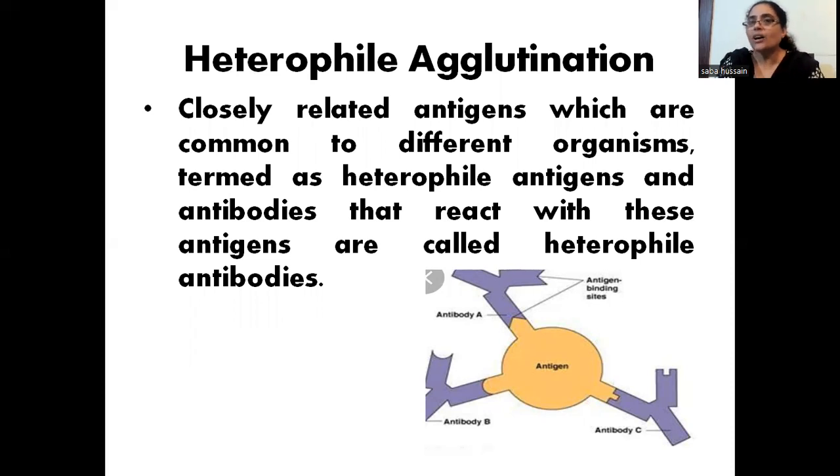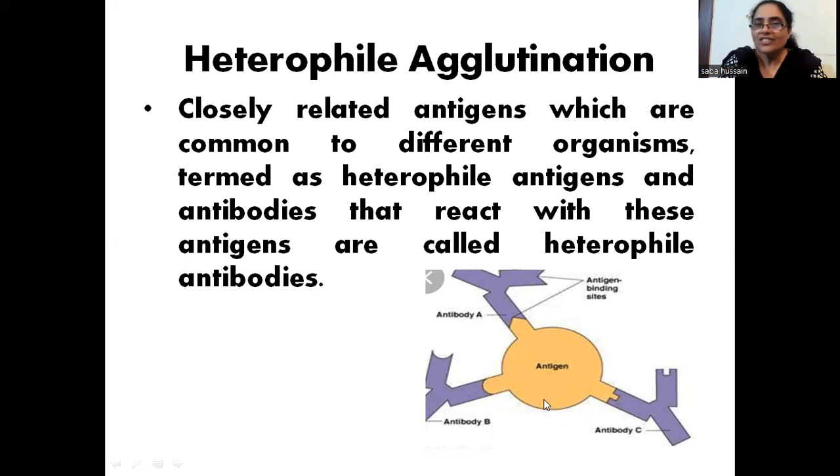So two different organisms can have a chemical structure which can be similar, or the antigenic sites where the chemical structure can be similar. Such antigens are called heterophile antigens, and antibodies that react with these antigens are called heterophile antibodies.